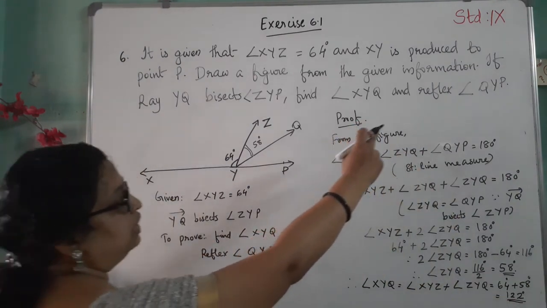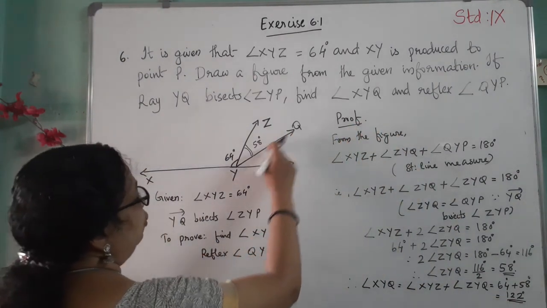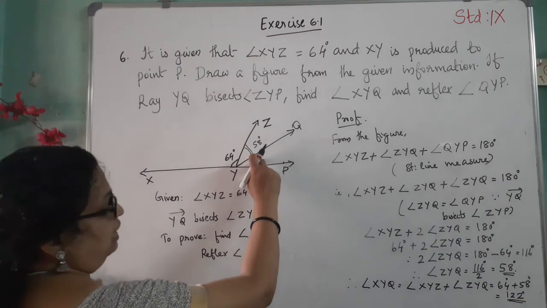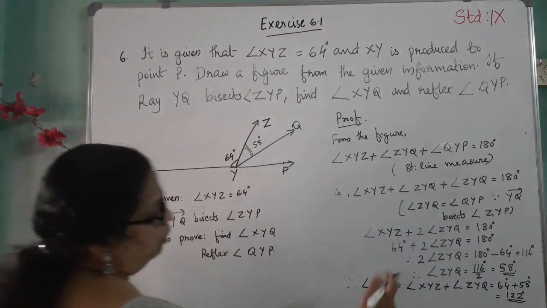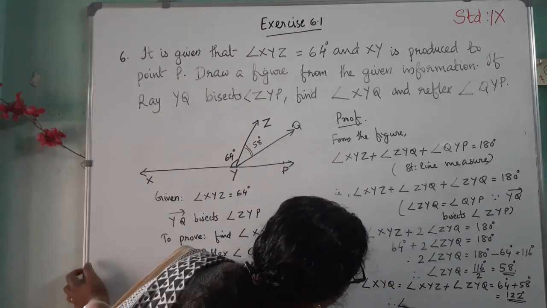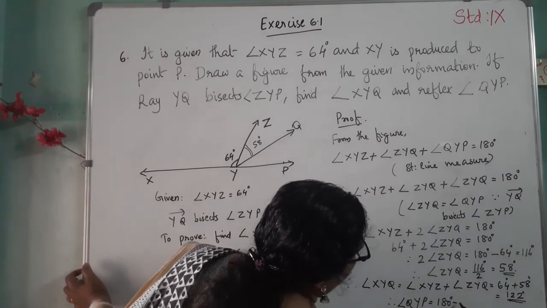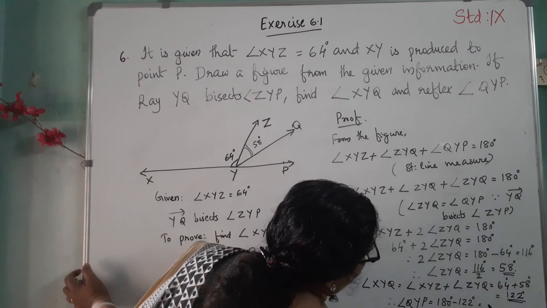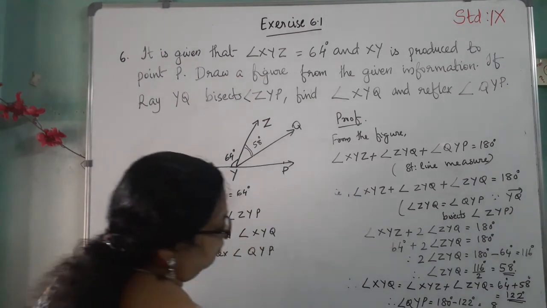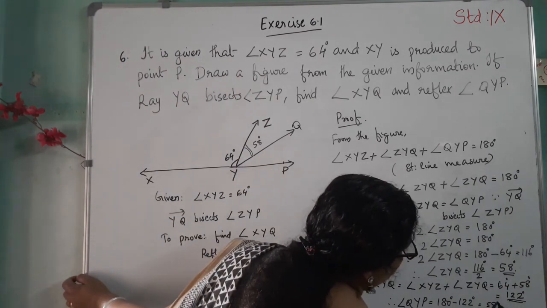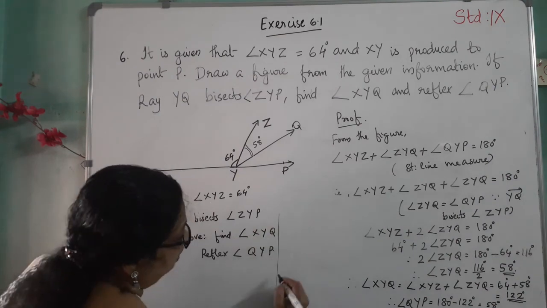Then we want to find the reflex of QYP. Angle QYP equals 180 minus 122 degrees, that is 58 degrees.